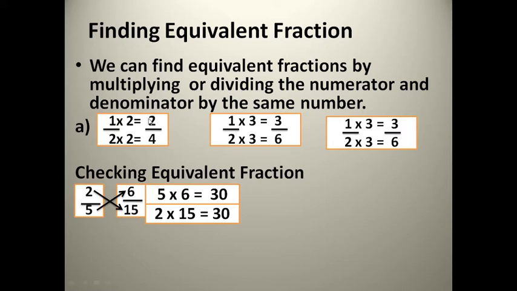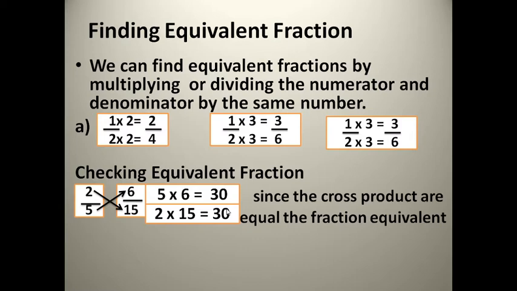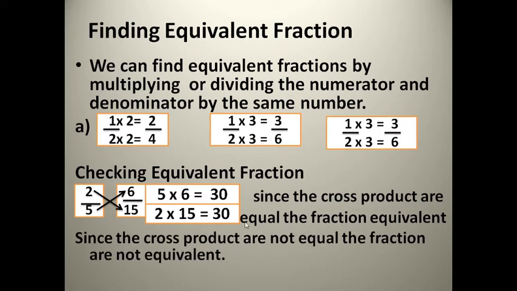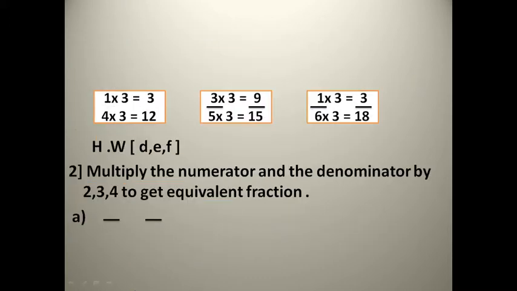If the product is the same, it is an equivalent fraction. Since the cross products are equal, 30 and 30, the fraction is equivalent. If the cross products are not equal, for example here 30 and here 40, it is not an equivalent fraction.